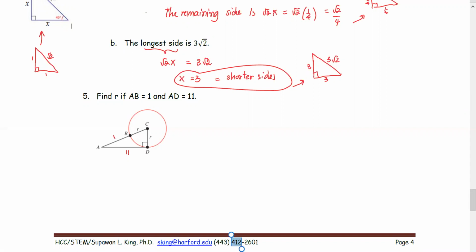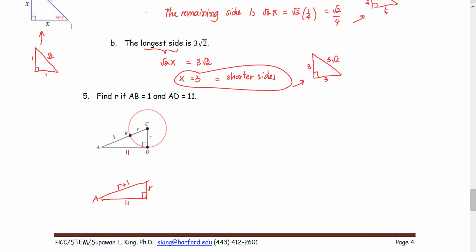If you redraw the triangle diagram, this would be the R. Let's redraw it. 11 here. This is R plus 1. This is R. That's the right angle.